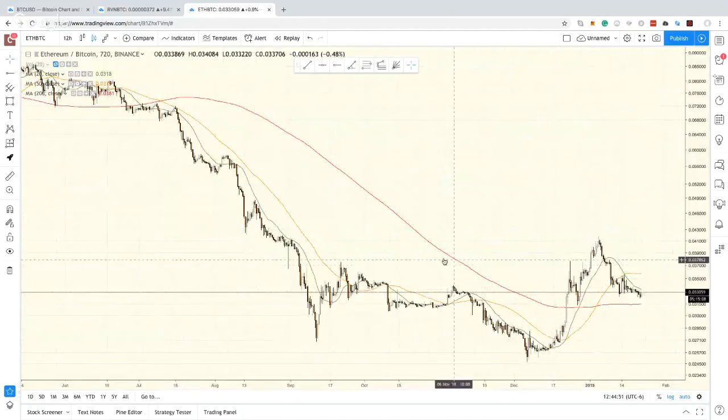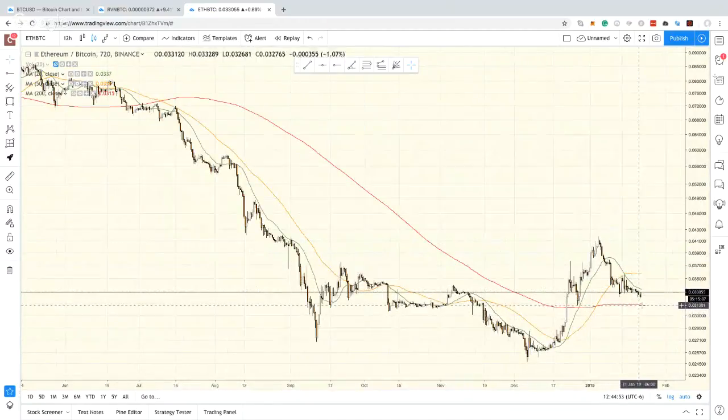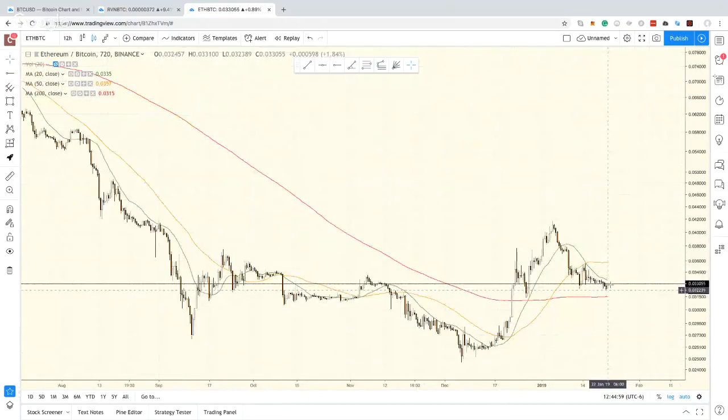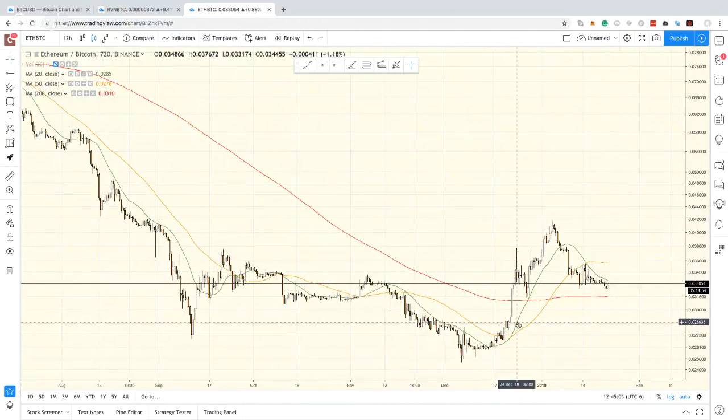Right now, the 200 MA is below the price. The 20 MA is acting as resistance. Once Ethereum closes above the 20 MA and we have a bullish cross just like this, I'm buying tons of Ethereum because we're having the 200 MA as support right below the price.